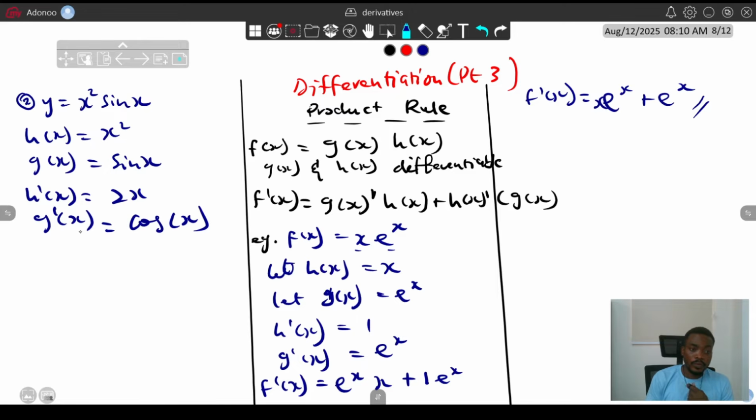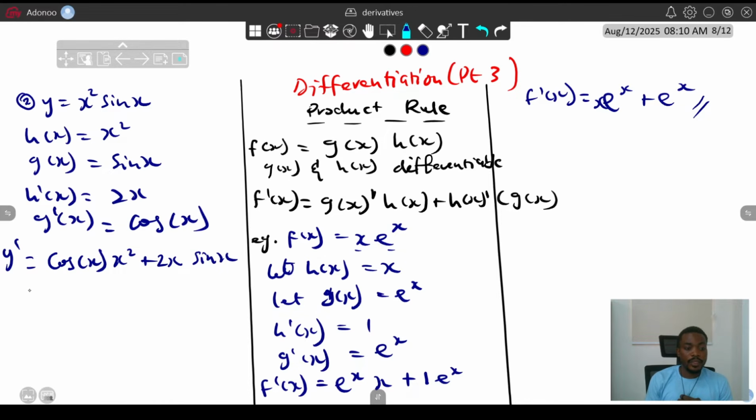So, to put them together, y prime will be equal to g prime of x, which is cos x, times h, which is x squared, plus h prime of x, which is 2x, times g of x, which is sin x.